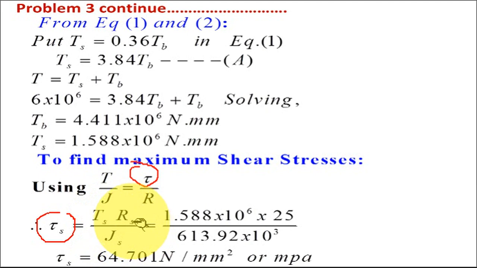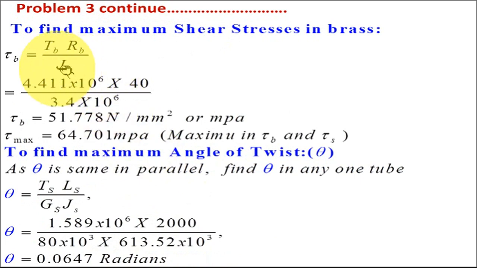For steel, use the suffix letter S everywhere and put the corresponding values of steel. You will get tau S, and the tau S is 64.70 Newton per mm square or MPa. This is the shear stress transmitted by steel. Similarly, find out the shear stress transmitted by brass. So it will be tau b equal to Tb into Rb divided by Jb.